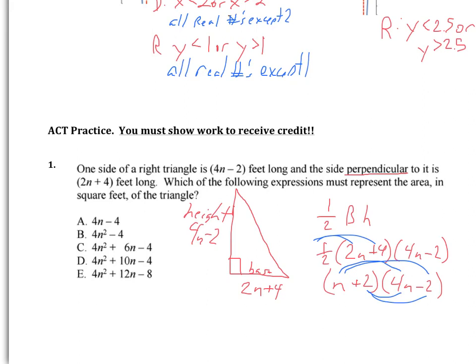So we get n times 4n is 4n squared, and a negative 2n, and an 8n, and 2 times 2 is 4. Those middle two numbers are like terms, so you get 6n out of that, and it's easy to see that C is our answer there. Well, that's the end of that problem.